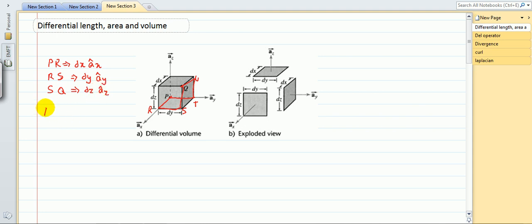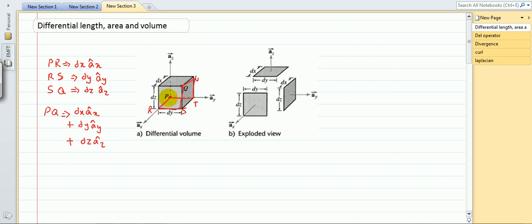So I can simply say that PQ is dx ax cap plus dy ay cap plus dz az cap. So this is nothing but the differential vector.